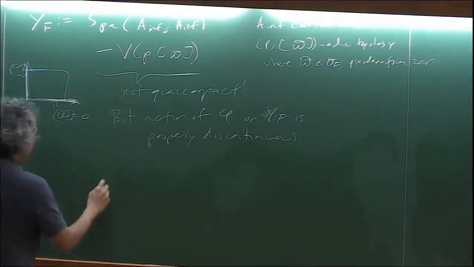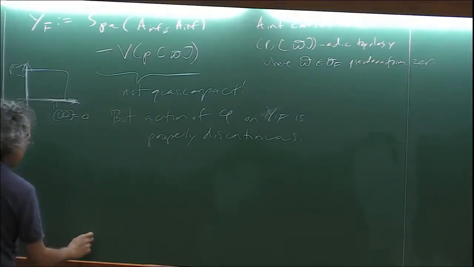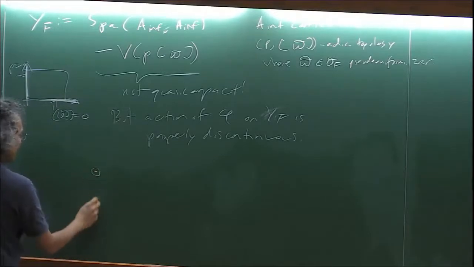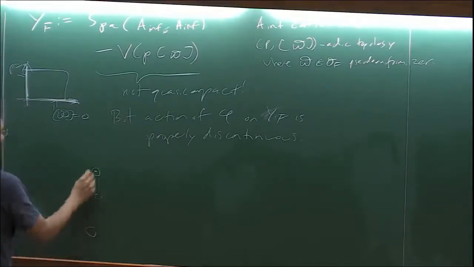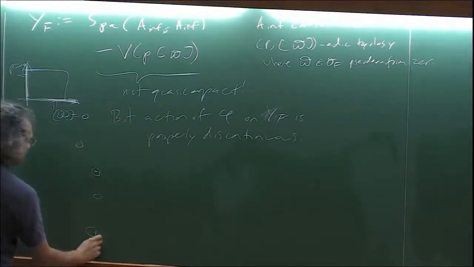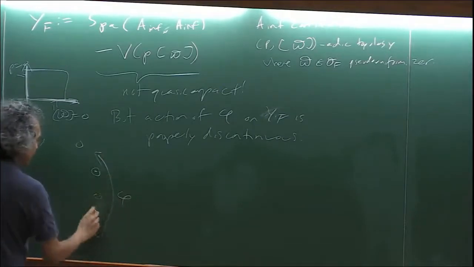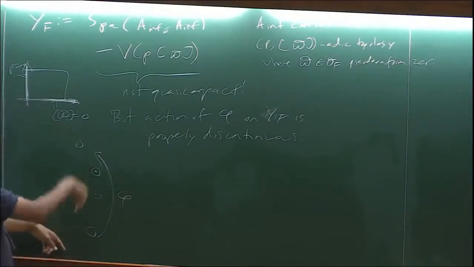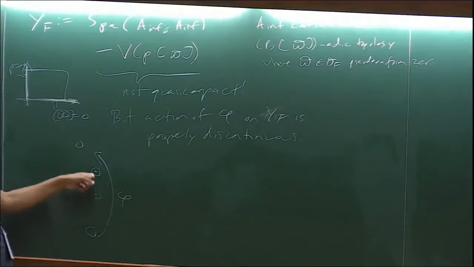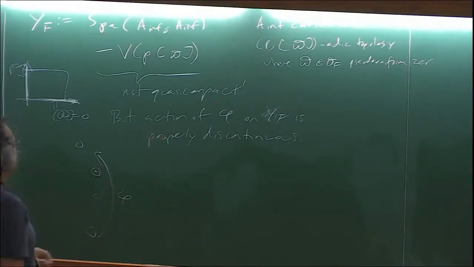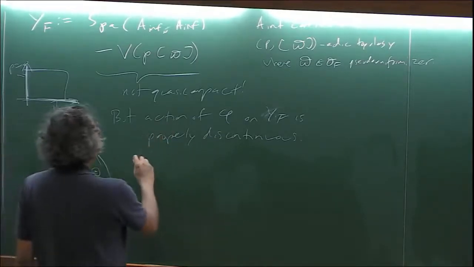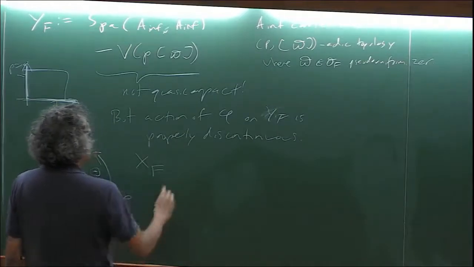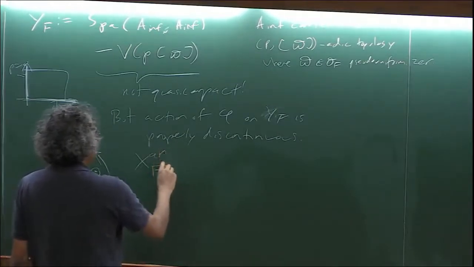A properly discontinuous action means every point has some neighborhood where the action of phi moves these things to disjoint copies of each other. And if the action is properly discontinuous, I'll show you why in a moment, then I can make something which I'll call XF analytic.